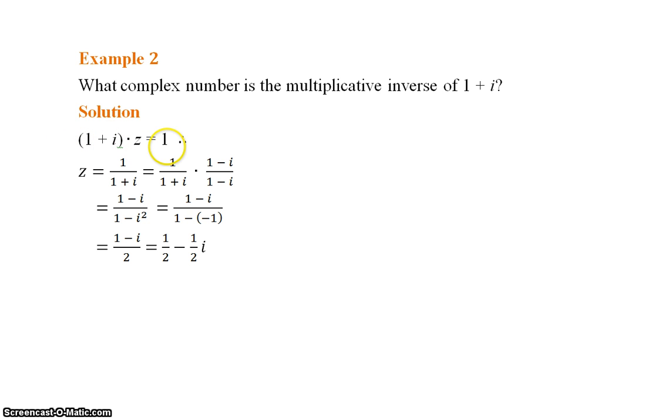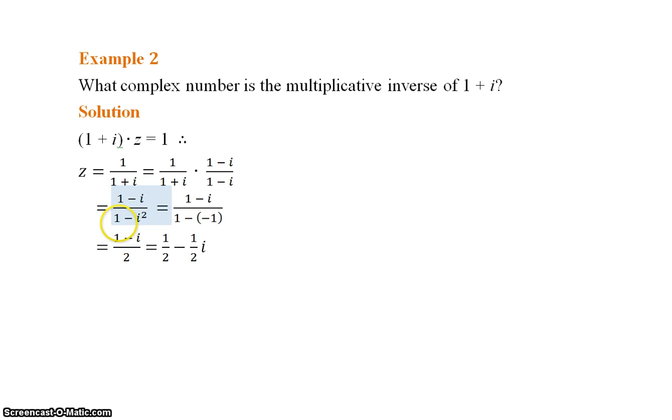To find z, we divide 1 by 1 plus i. We have to perform this division. In order to divide 1 by 1 plus i, we multiply numerator and denominator by the conjugate of the denominator, by 1 minus i. In the numerator, we will get 1 times 1 minus i, which is 1 minus i. In the denominator, we have the formula: sum of bases times difference of bases is difference of squares.